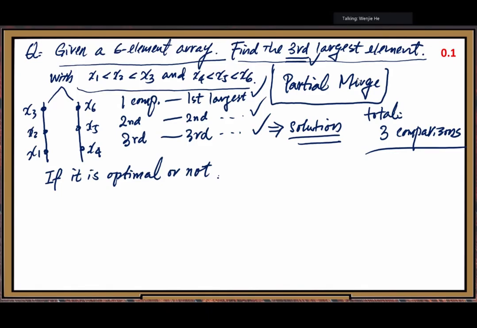Here I want to show you the evidence, to give you more background for your understanding. To see whether this is optimal or not, we need to apply a formula.